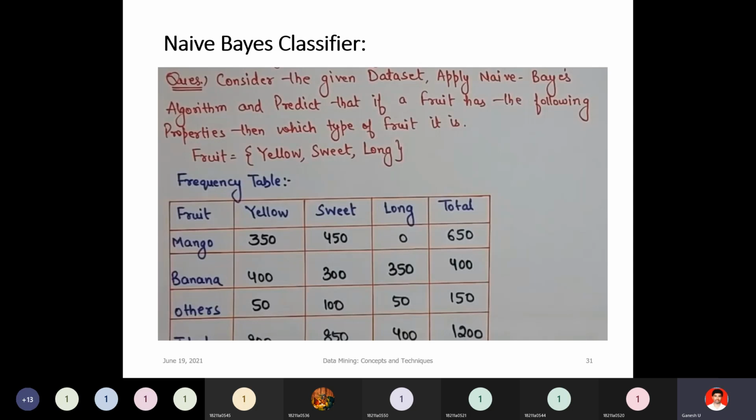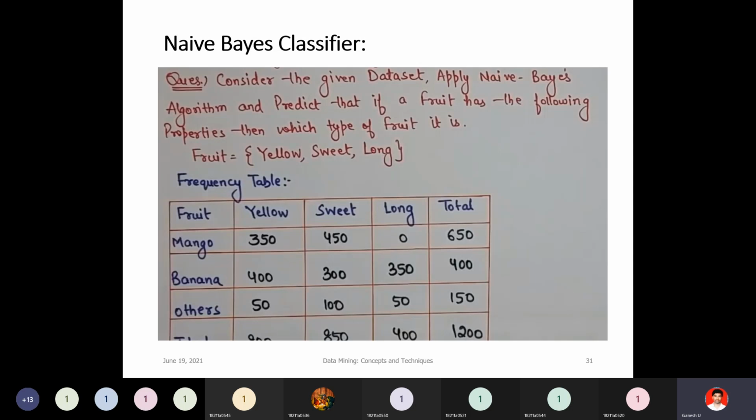Then we have to find the probability of whether it is another fruit, or banana, or mango. That is nothing but classification: we have to classify which class it is. Using the naive Bayes classifier, you have to find which fruit satisfies these three conditions, yellow, sweet and long.